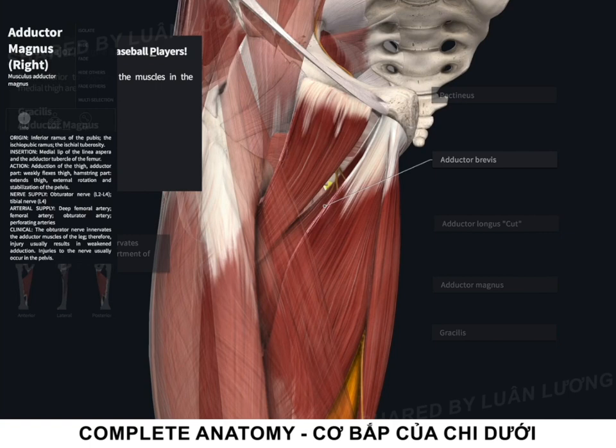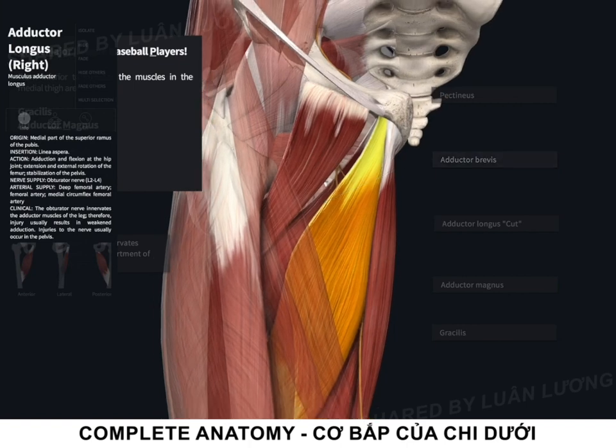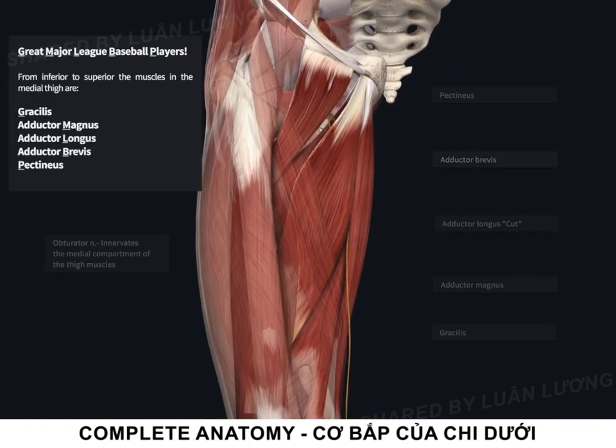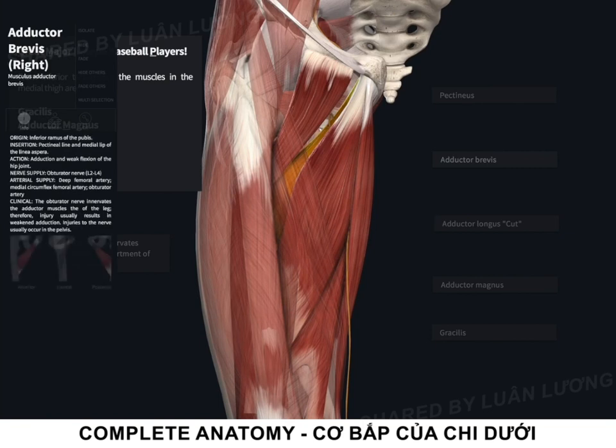But these two muscles both are positioned deep to or posterior to the overlying adductor longus. So it's pretty important to understand this concept that we go from deep to superficial back to deep in the sequence of Great Major League Baseball players.